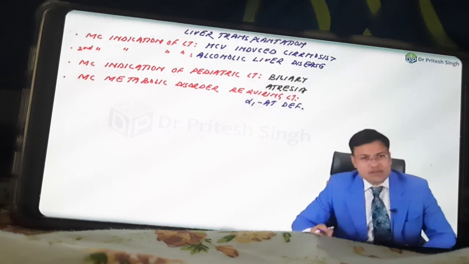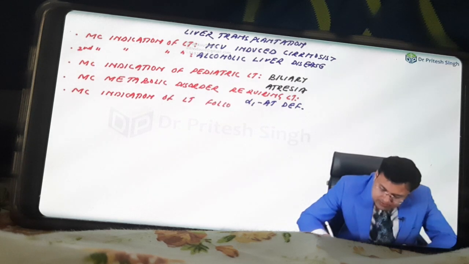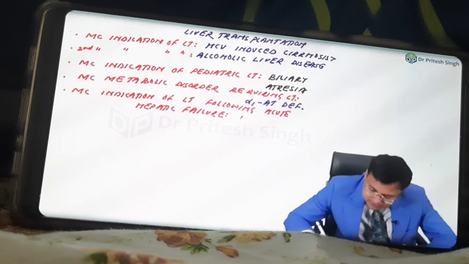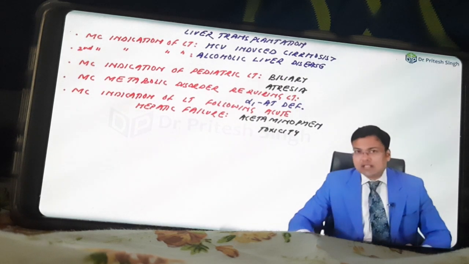Next, most common indication of liver transplantation following acute hepatic failure is acetaminophen toxicity. So these are the one-liner questions asked about indications.